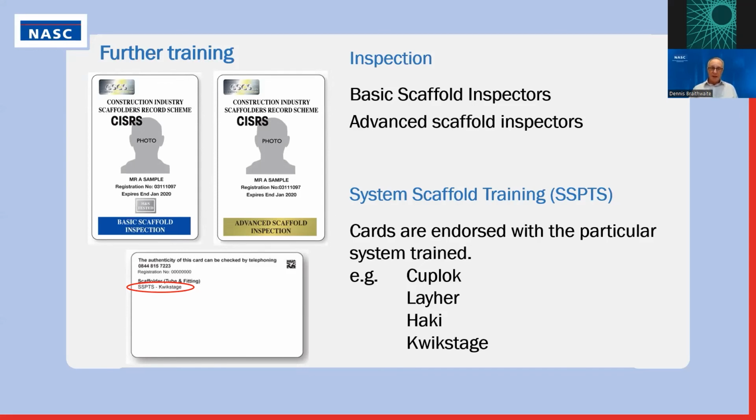So he needs to be trained on the type of system that he's actually constructing. So, for example, there's Cuplock, Layher, Haki, Quickstage, there's various others, and the scaffolder then gets his card endorsed to say that he has actually been instructed on that particular system.